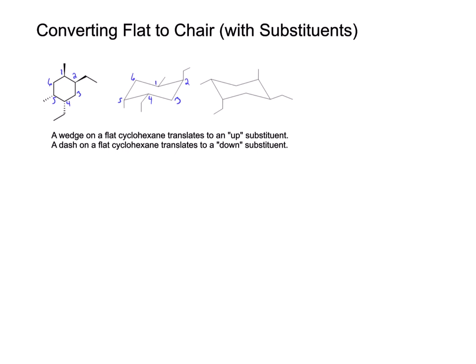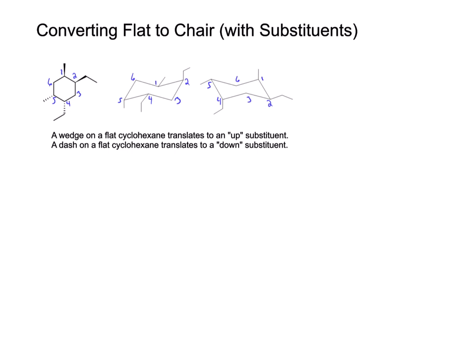Of course, our representation of the chair would not be complete if we didn't show the ring flip. First, I numbered the ring flipped version of the chair. Now, let's compare the flat cyclohexane to that ring flipped version. Again, a wedge means up, and a dash means down when converting between the flat and the chair.